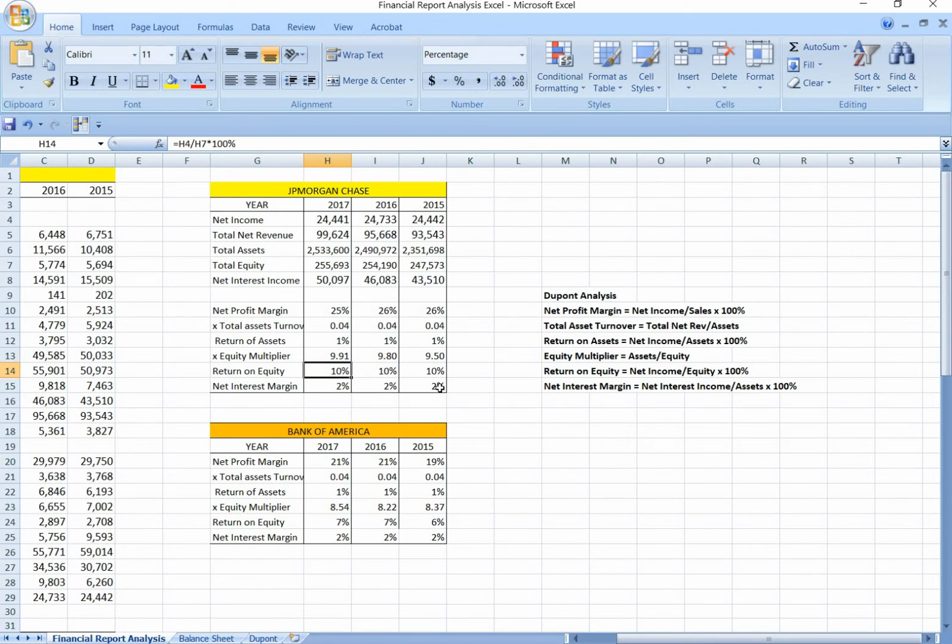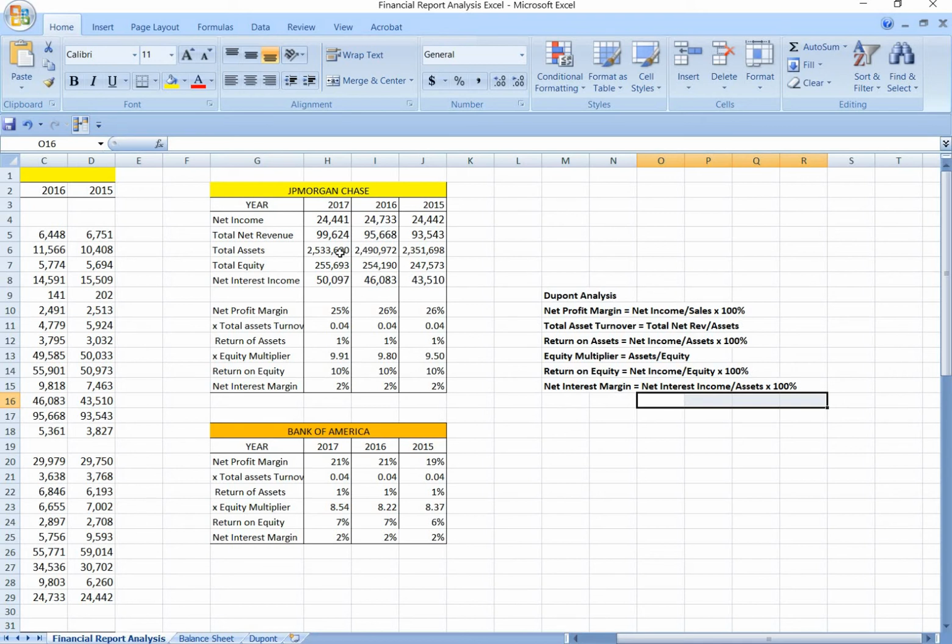And then the last one is net interest margin. Net interest margin is net interest income divided by asset times 100. It is a measurement comparing the net interest income a financial firm generates from credit products like loans and mortgages with the outgoing interest it pays to holders of savings accounts and certificates of deposit.